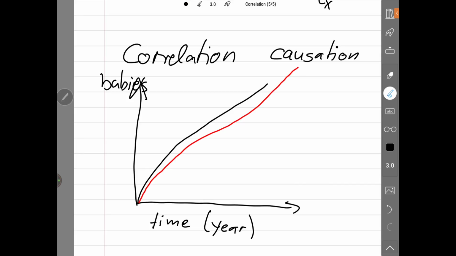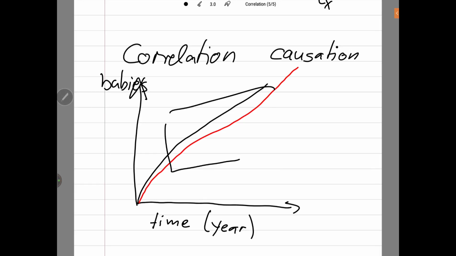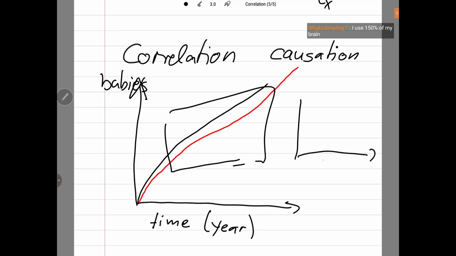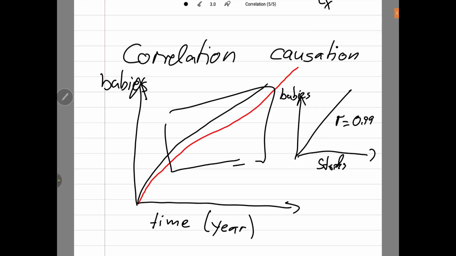So there is a perfect correlation if you take this part here and try to do a correlation. Storks versus babies. What do you think you will get? Positive correlation, right? R equals 0.99. A very strong positive correlation.